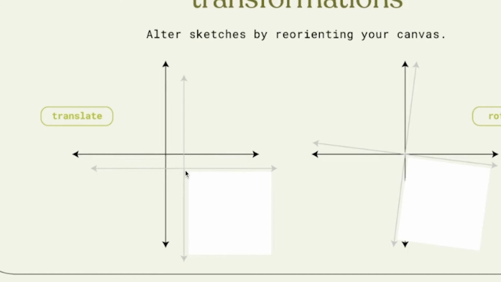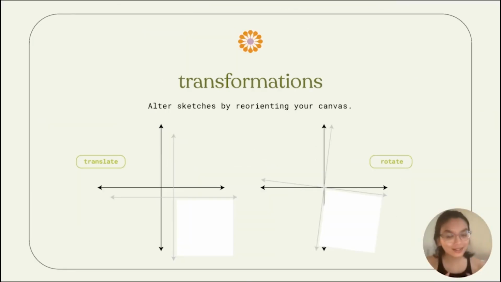And with translate, say I command it to translate 100 by 100, like I just said, the new starting point, the new 0, 0, is now at 100, 100. I say this now because it's going to be really important in understanding why it's doing what it's doing.